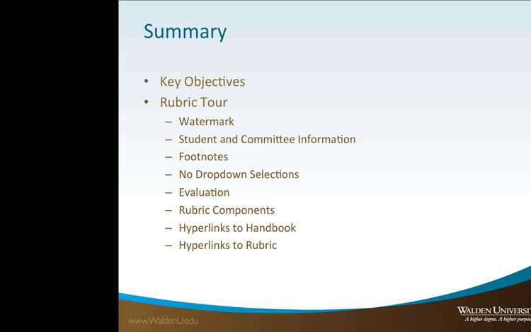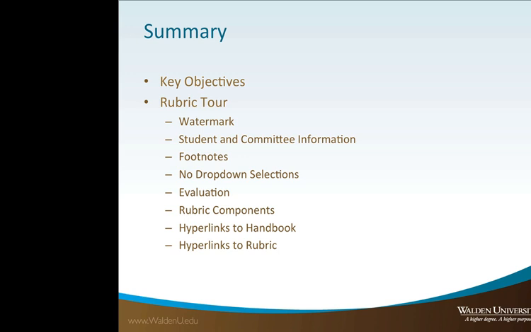In this brief video tutorial, I have discussed the key objectives of the research handbook and rubric document. The objectives were to add clarity and detail to the document, provide faculty and students with a personal development tool, reduce review time, increase inter-rater reliability, and to ensure a satisfied customer, the Walden Doctoral Studies student.